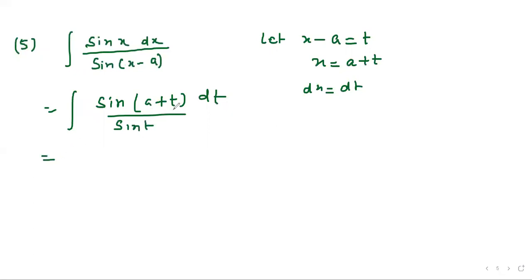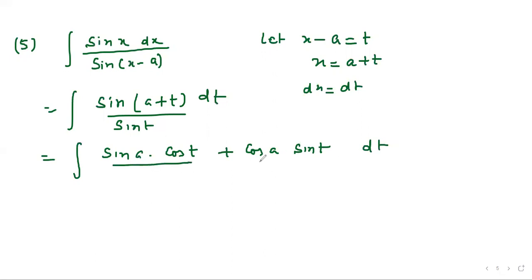We open the bracket by using the formula for sin(a+b). So integration of (sin a cos t + cos a sin t) dt, and we divide each term separately by sin t.